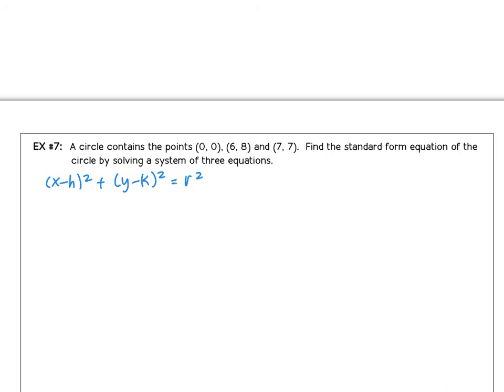So what we're going to do is plug in what we know. It would be 0 minus h squared plus 0 minus k squared equal r squared. We also know 6 minus h squared plus 8 minus k squared is equal to r squared.